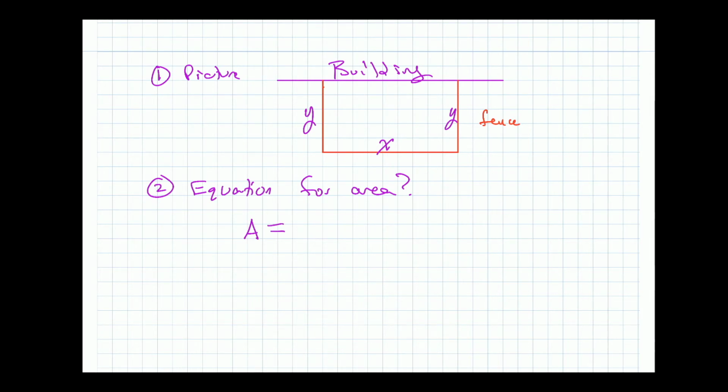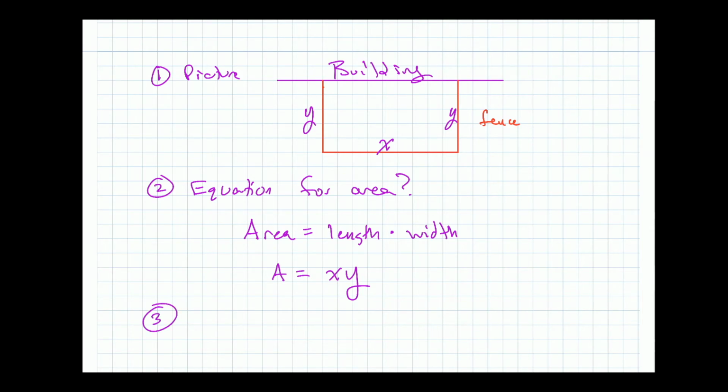Length times width, right? Normally area for a rectangle is length times width. So for us, A is length times width. It looks like it's going to be X times Y. That's the area.